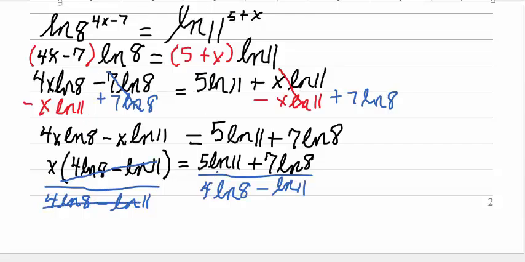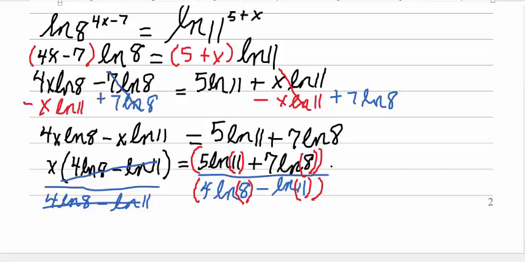I'm going to divide out 4 natural log 8 minus natural log 11 on the left, and I'm going to use my calculator to solve this, but I have to use parentheses as shown to do this correctly.